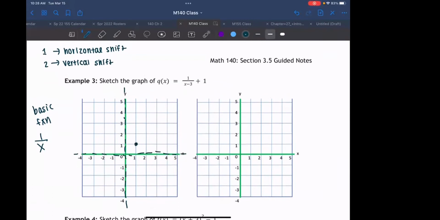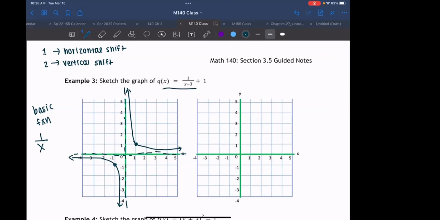Then we have our 2 points, and we have the shape of the graph looking like this. Okay. So this is kind of what our graph looks like, right? Let's go back to the question.